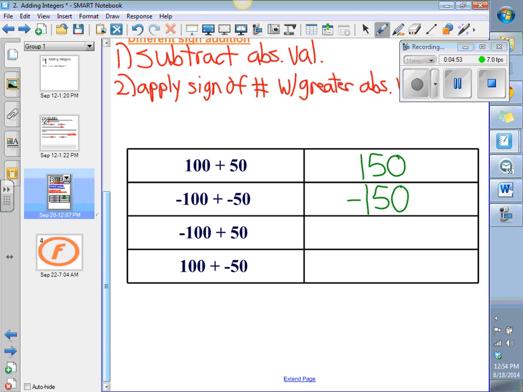Negative 100 plus 50: subtract the absolute values. 100 minus 50 is 50. Negative 100 has a bigger absolute value than positive 50, so the answer is negative. 100 plus negative 50: again, subtract absolute values to give us 50. The absolute value of 100 is larger than the absolute value of negative 50, so the final answer stays positive.